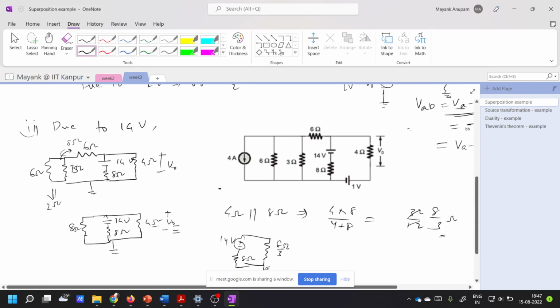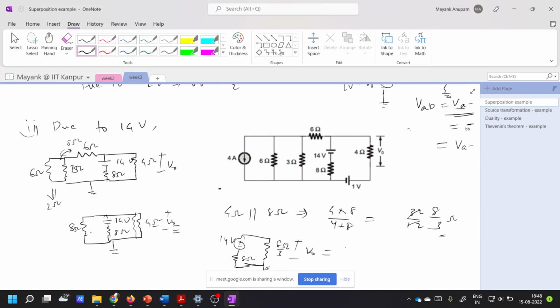I am telling you to find the voltage V naught. The equivalent resistance of the 4 ohm and 8 ohm is parallel to all of this, so the voltage across 8 by 3 is the same as the voltage across the 8 ohm and 4 ohm.